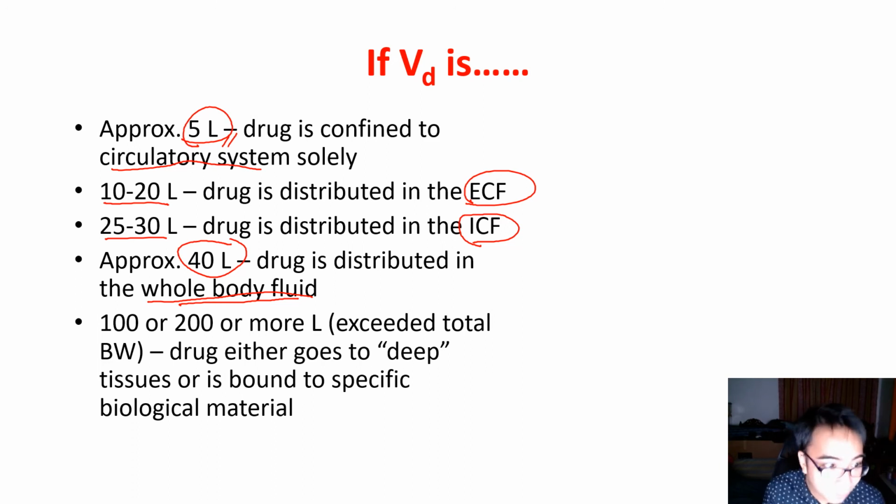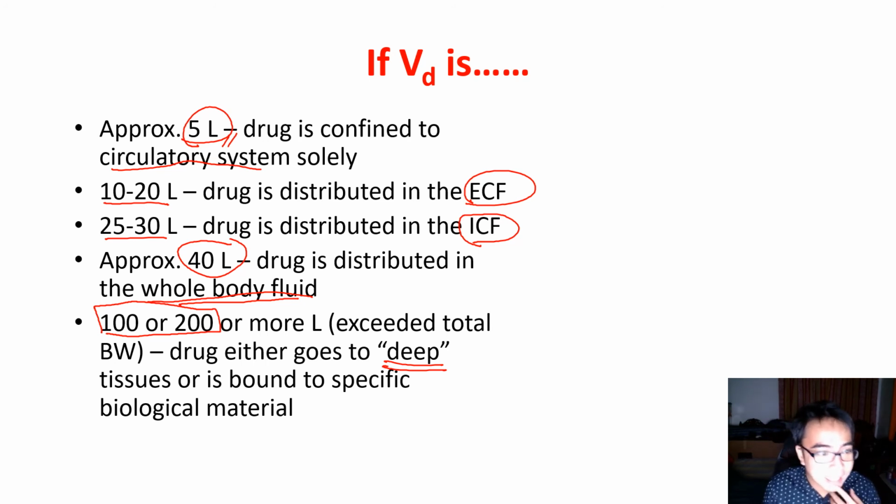If it's more than 40 liters, 100 to 200 or more liters, which is true, you can get computations like this, it means that the drug is already distributing in deeper tissues, or is bound to a specific biological material, specifically the tissues of their target sites.